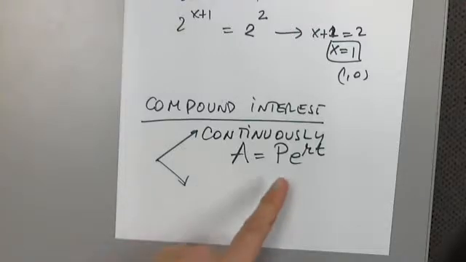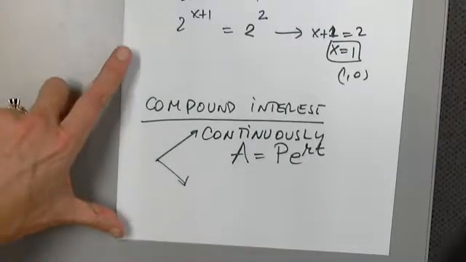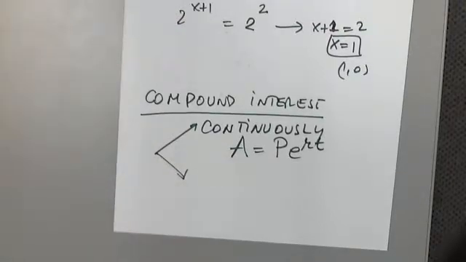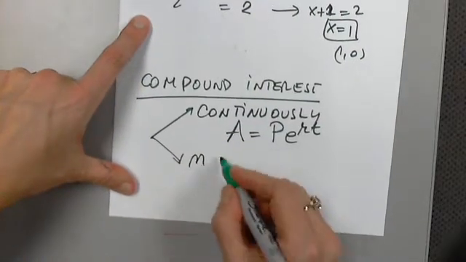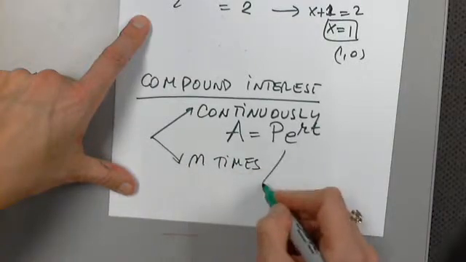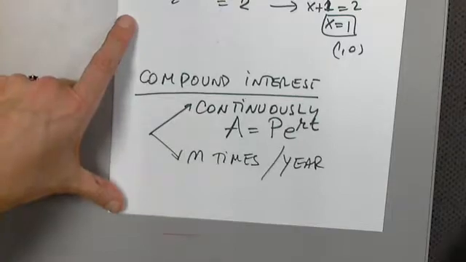So this is A, this is P, E, I'll explain what E is, and then R, and then T. Lowercase r, lowercase t. The second possibility of compounding the interest is n times per year, lowercase n, times per year. It's a different formula.